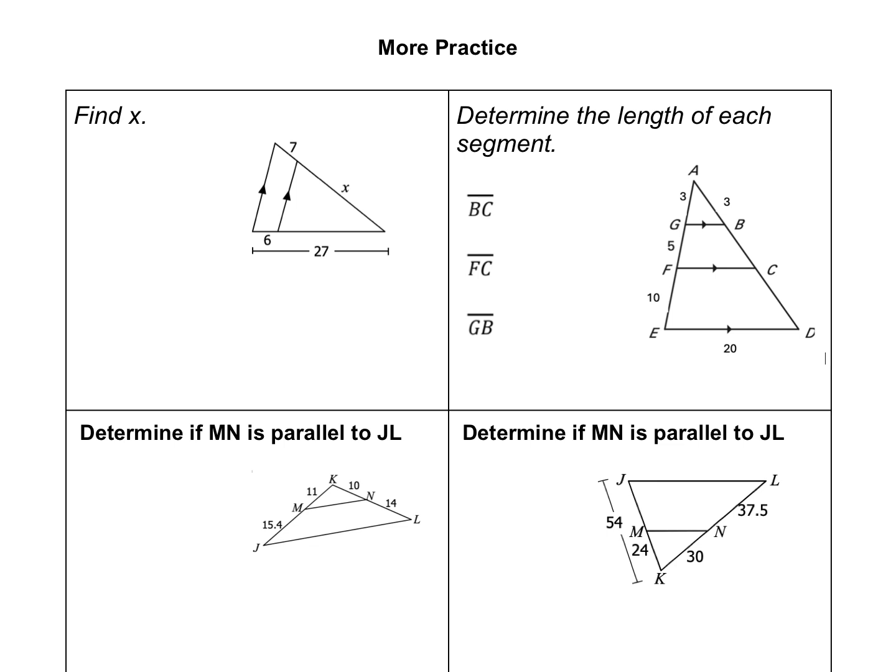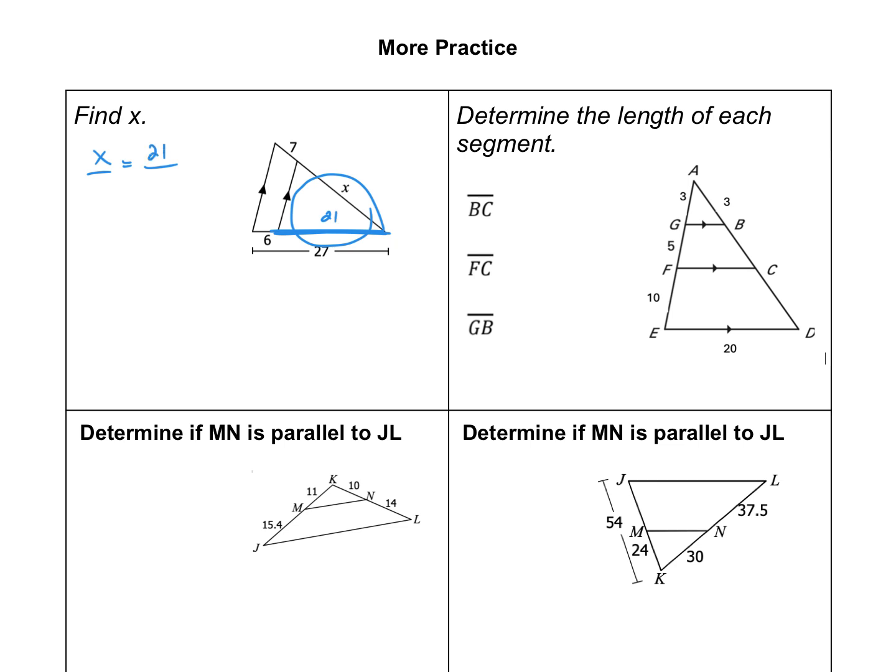This first one, find x. If we set it up, again, we are looking at small triangle. So this triangle first, which has sides of x. And then whatever this side is. Well, what is that side? 21, right? If the whole thing is 27, this is just 21.